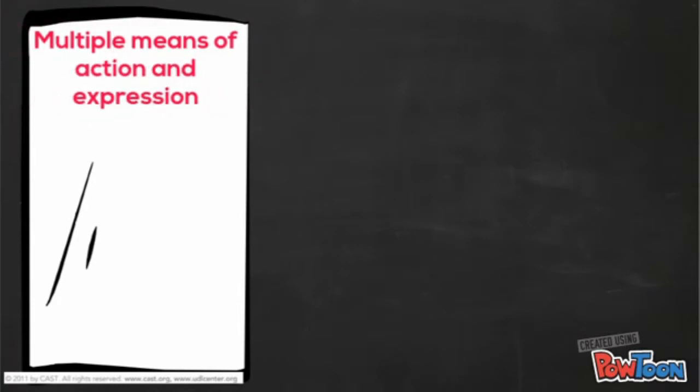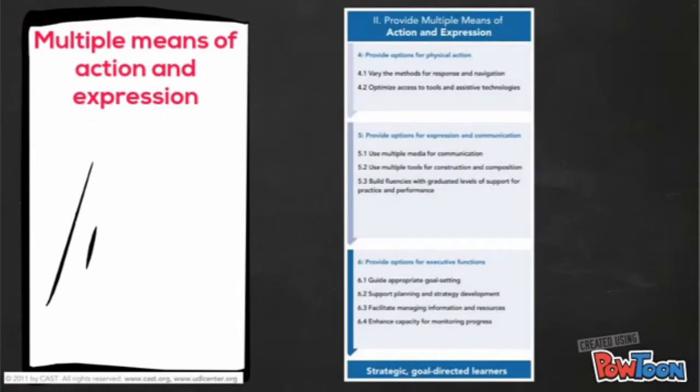Provide multiple means of action and expression. People also vary in how they prefer to express themselves. Some people are great talkers, and others are great artists or great musicians. Be aware of physical challenges and provide learners with different options to physically interact with classroom materials. Think through different ways that you can build expression into your lesson.